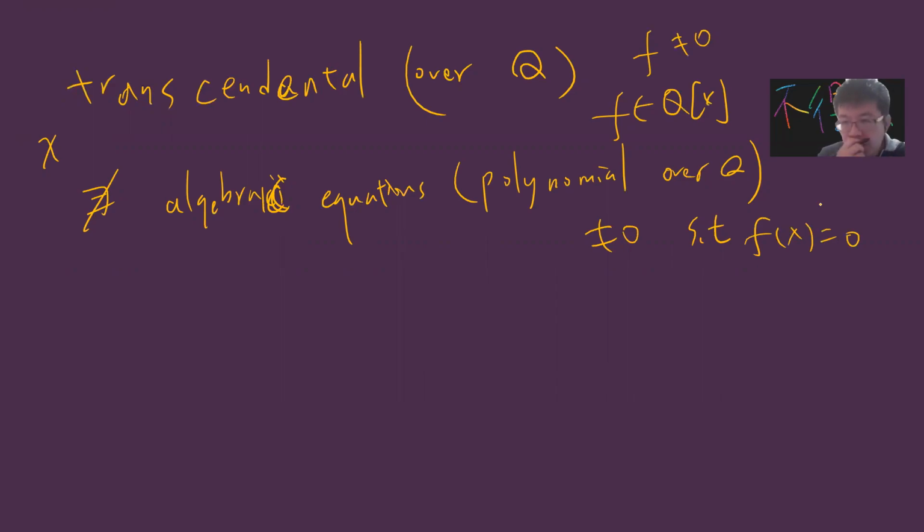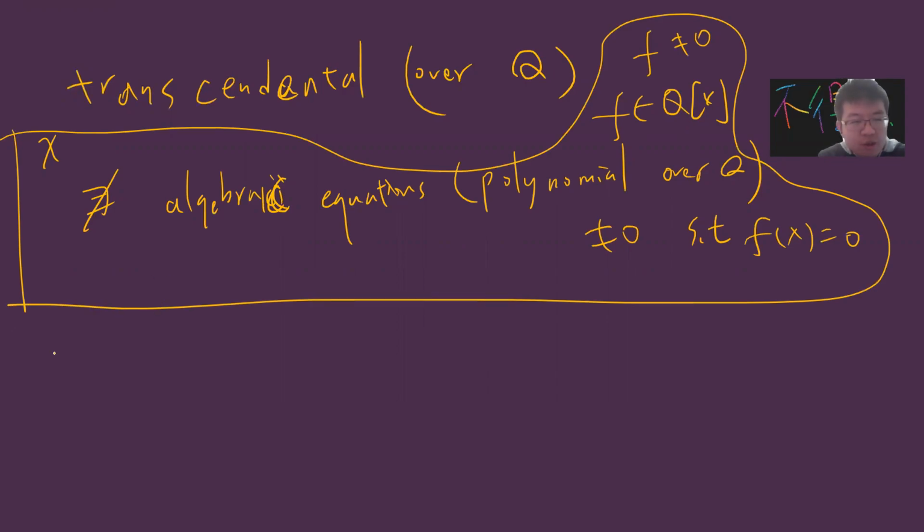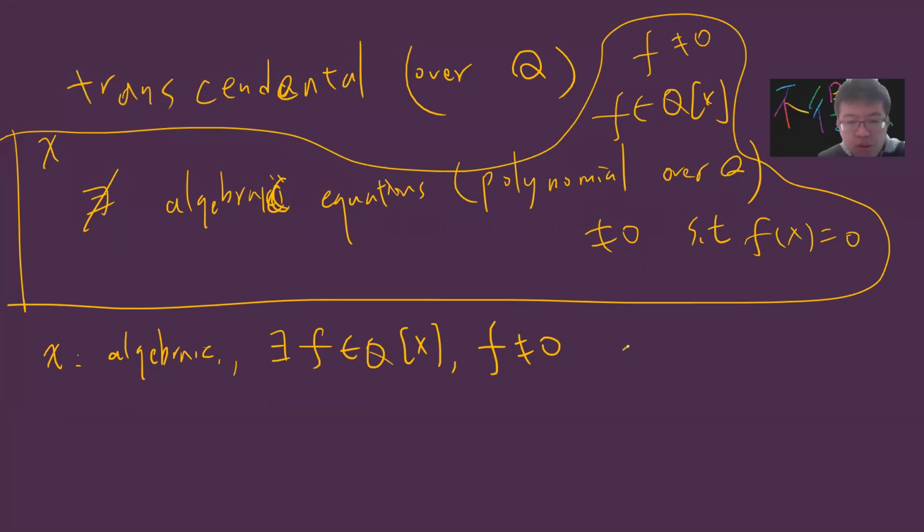If there is such a polynomial, then x is algebraic. Conversely, if x is algebraic, that means there is an f that belongs to Q[x], f non-zero, such that, let me just use x0, f(x0) is 0.